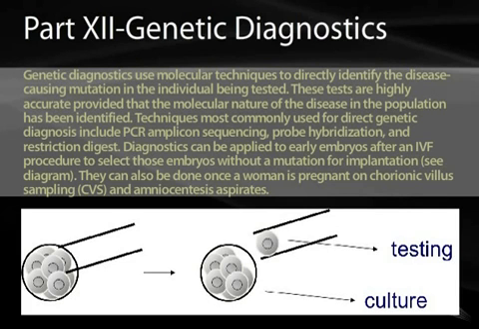Well, you can take gametes from the partners, you can fertilize them in vitro, and then you can take those early embryos, you can apply these diagnostic tests to them and see if they have the mutation or not, right? Now, they can also be done once a woman is pregnant on chorionic villus sampling or amniocentesis aspirates. So it just depends on the person whether or not they want it before pregnancy or after pregnancy.